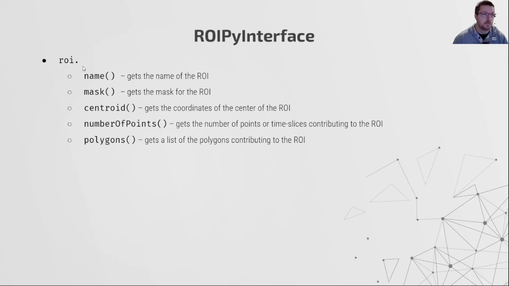And so if you have a region of interest, you have a few functions available to you. One is the name, that just gets the name of the region. Most important probably is the mask. So we'll talk a little bit more about the mask in a second. And then we have the centroid, which is the physical coordinates of the center of the region of interest, and the number of points and polygons.